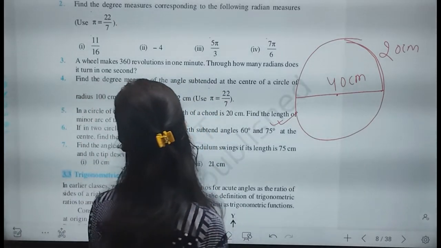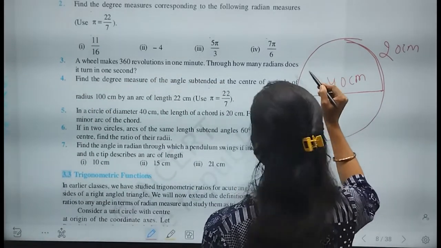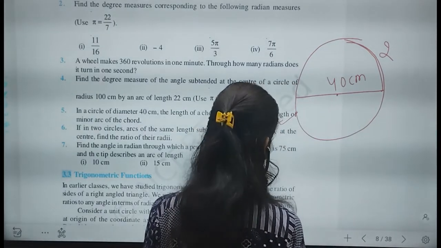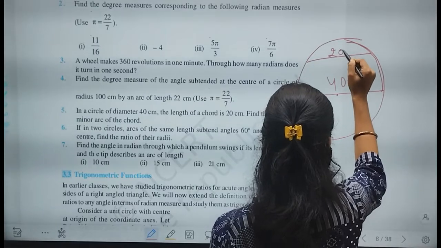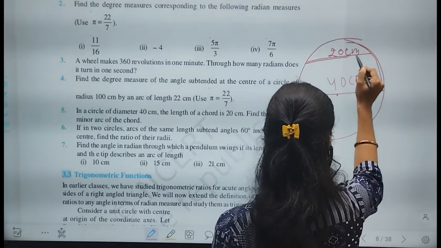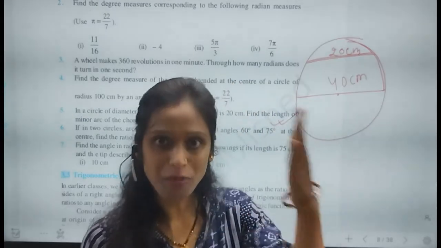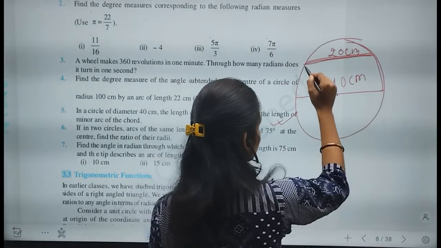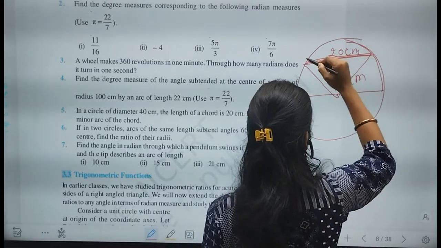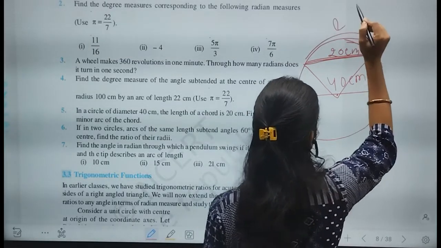So find the length of the chord. Length of the chord means this one. This is not saying the arc of the chord, this is saying the length of the chord. This is this one, and you have to find this length.